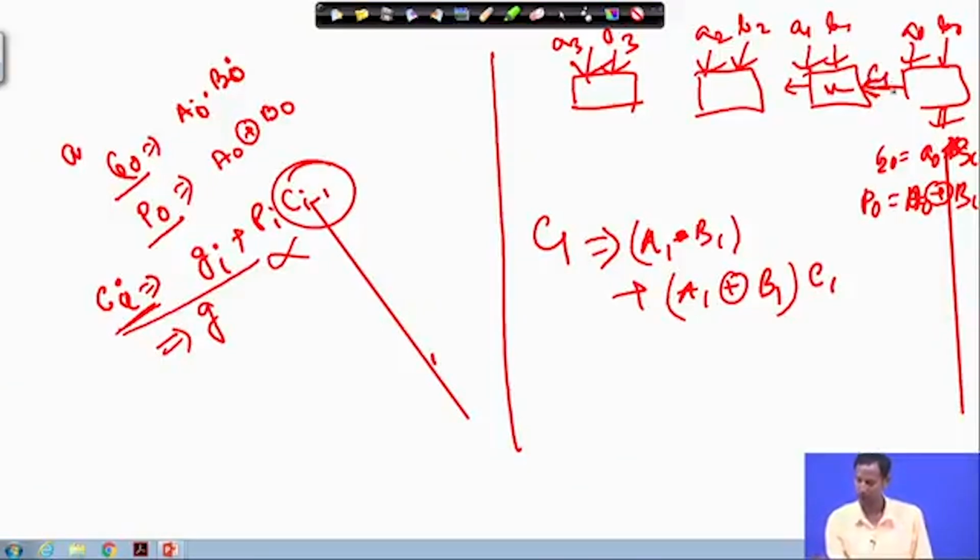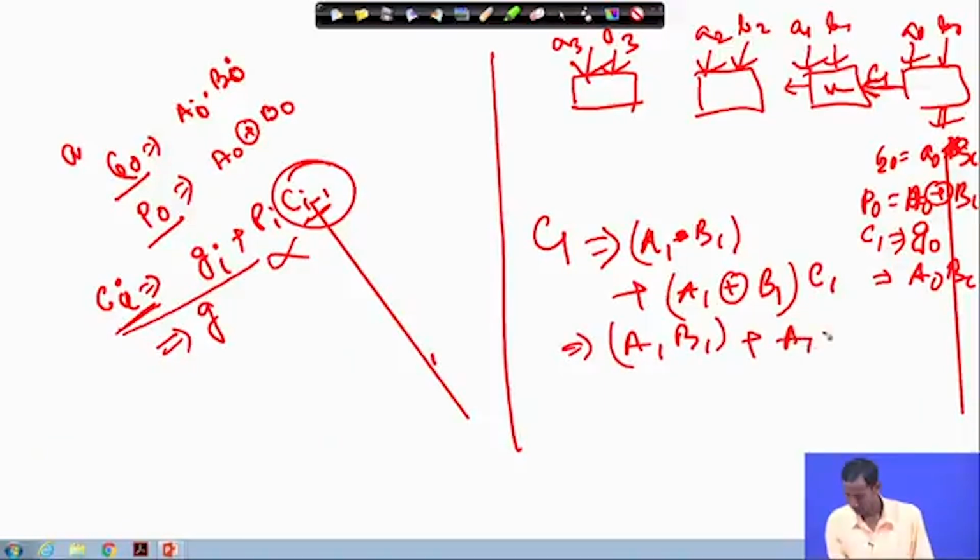C1 will be G0, that is A0 B0. So now I can write C1 as A1 B1 plus A1 XOR B1 along with A0 B0.